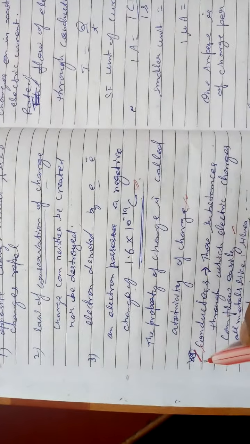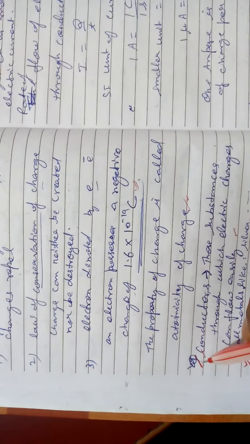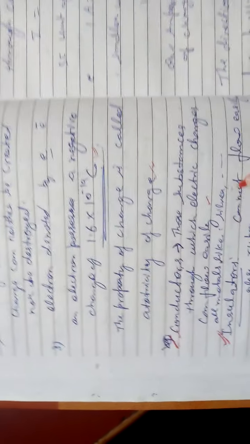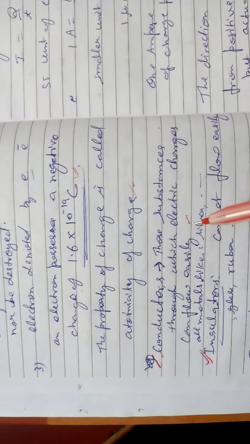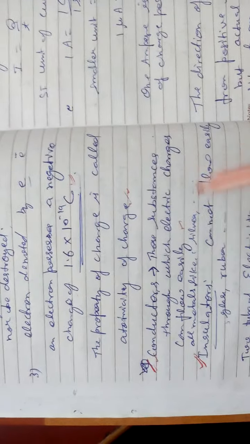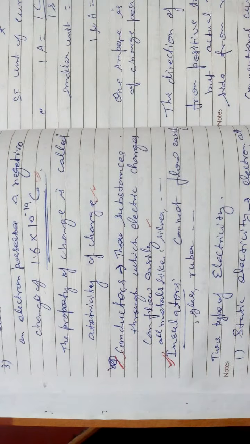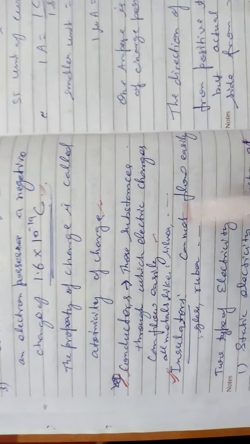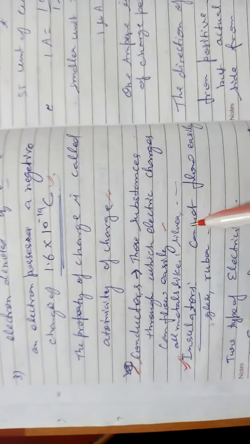For this chapter you must study conductors and insulators. What type of material is called a conductor and what is called an insulator? Conductors are those substances which conduct electricity, which allow electric charges to pass through them easily, like all the metals, or aqueous solutions with salt, and silver, gold.